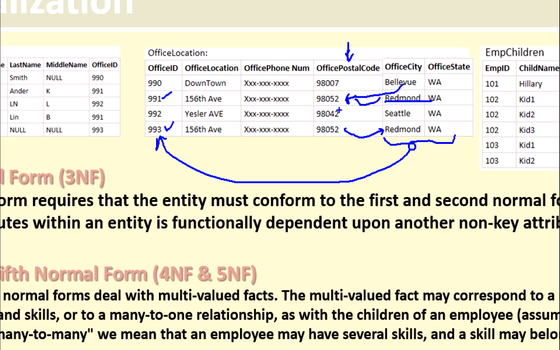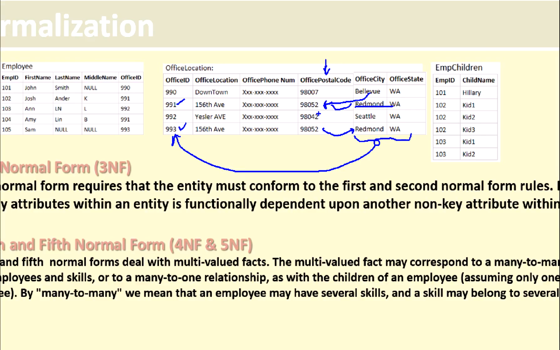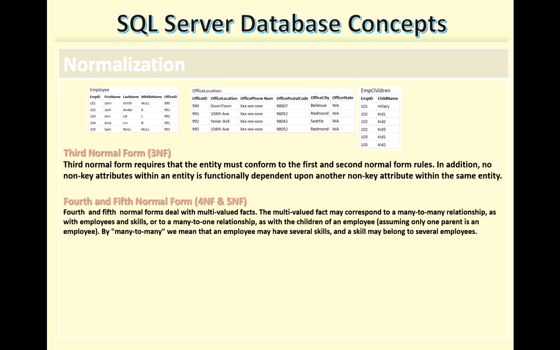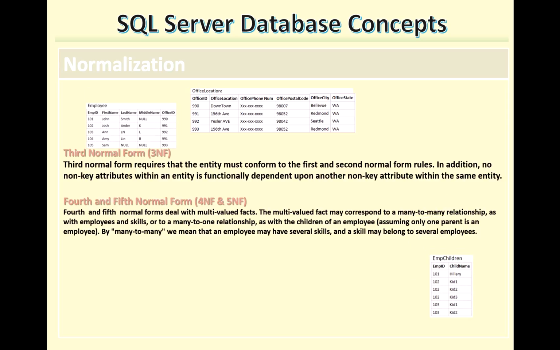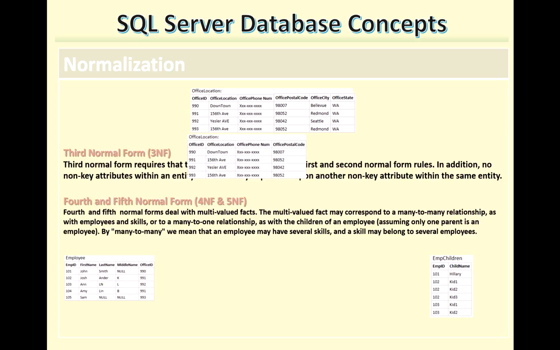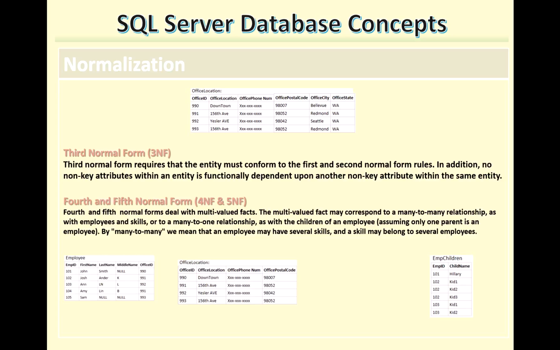So if you follow the third normal form, what happens? Again we have the employee table, and the office location we split into two parts. One is office location, which will have only columns up to postal code, and the other table with the geography information, which we call geography.